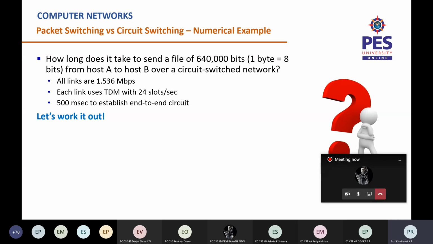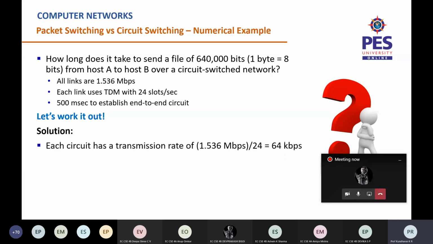Hope you're figuring it out. Okay, we'll figure it out. So the first one is each circuit has a transmission rate of 1.536 Mbps. That's what is given in the question. Since it uses TDM, there are 24 slots per second.